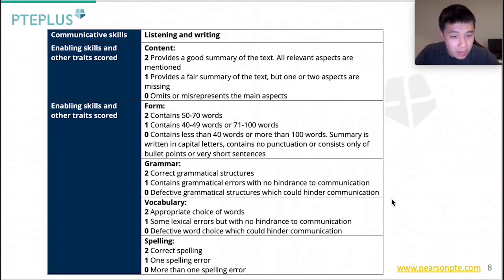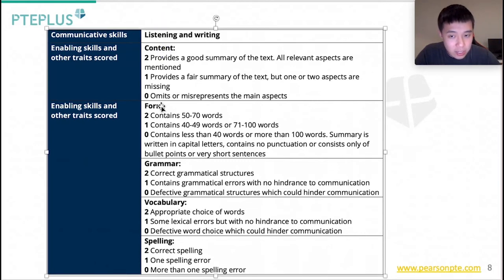If anything, it actually adds difficulty to completing this question, because it only requires correct grammatical structures in your response. We're going to be talking about grammar and vocabulary in detail in a separate video. Right? So right now, let's have a look at what the scoring criteria contain.